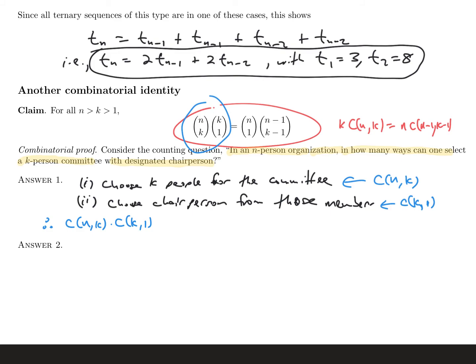An alternative way of doing this, again, as a two-step algorithm, is to first choose somebody to lead the committee. So choose the chairperson from the general membership. Do that first. And then secondly, pick the rest of the committee that goes with that person.